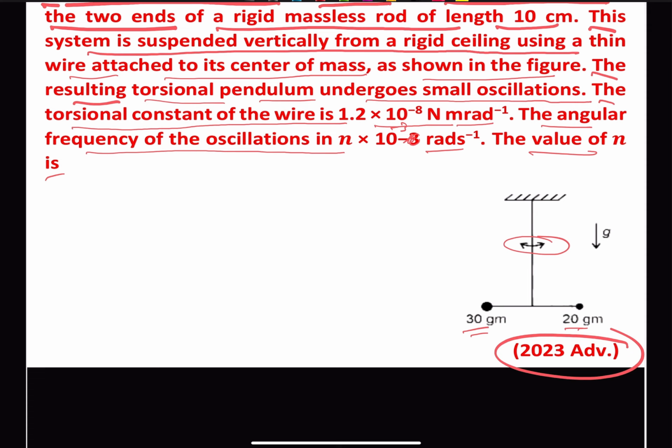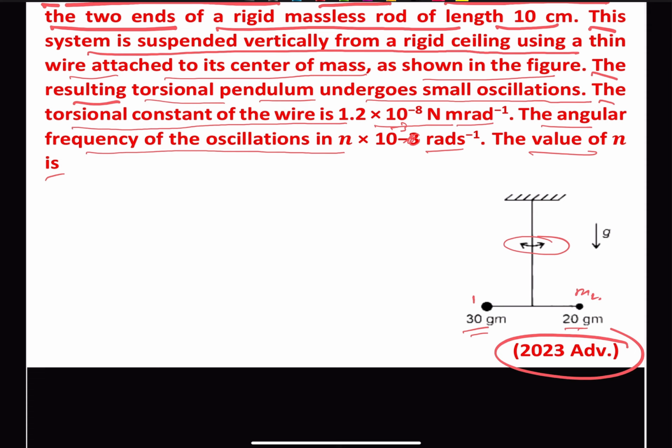Okay. So here let us suppose we are having two masses. This is our M1 and this is our M2, and the distances are x1, x2.